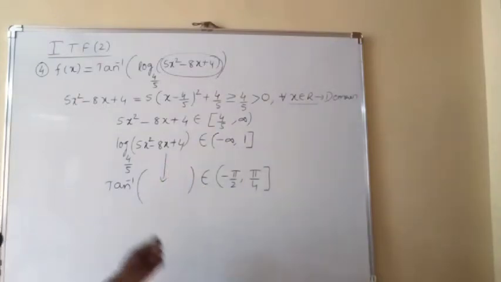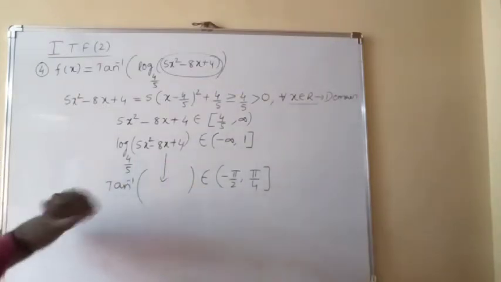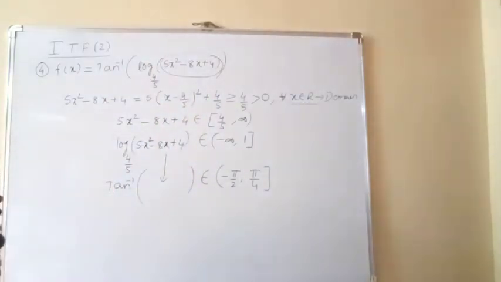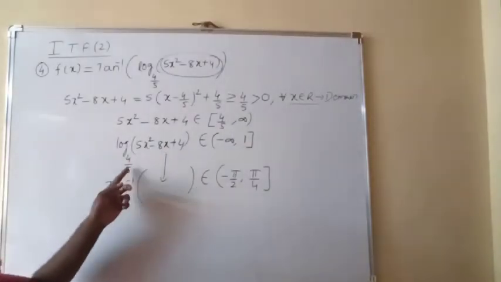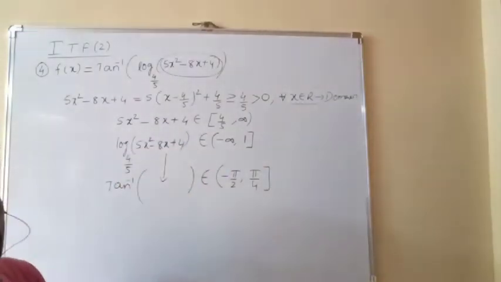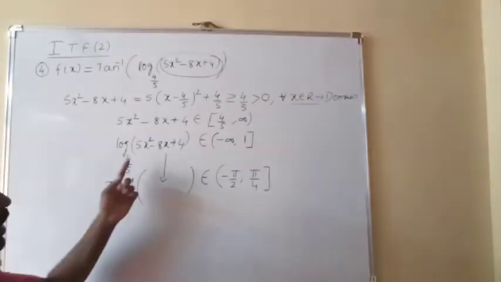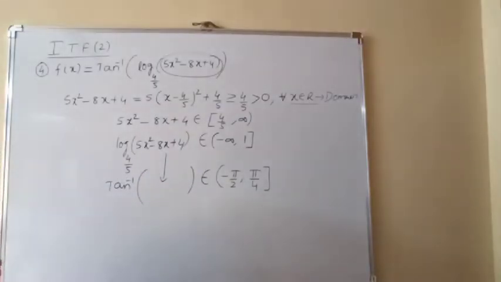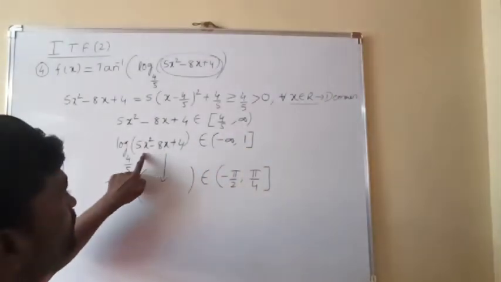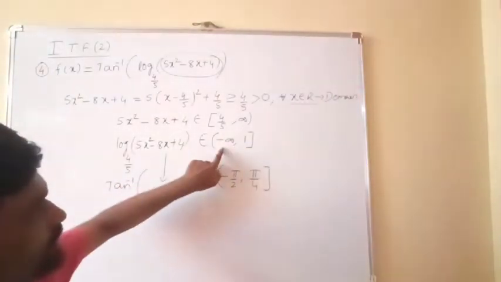Okay, so now I am finding the range of the log function, then I am finding the original function's range. To get the range of this function, I am applying log base 4 by 5 on both sides. But log of something base 4 by 5 is decreasing, that is why to get minimum value you have to substitute infinity here, and you will get minus infinity.